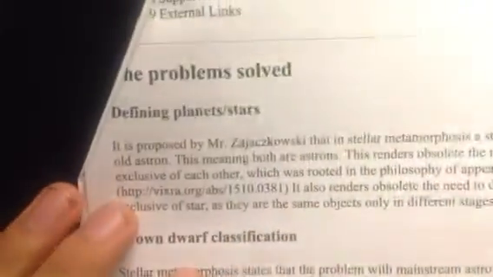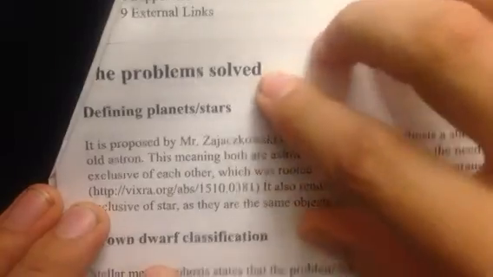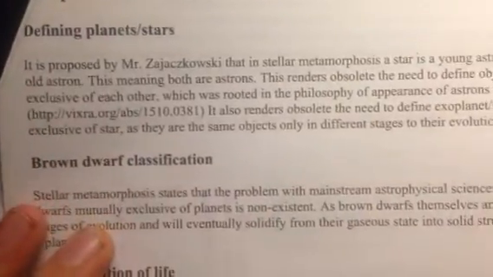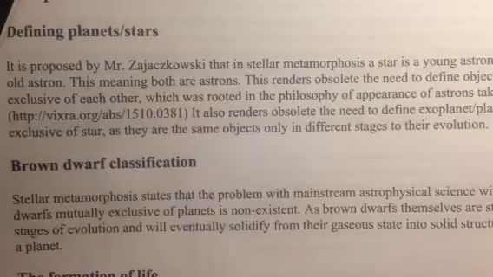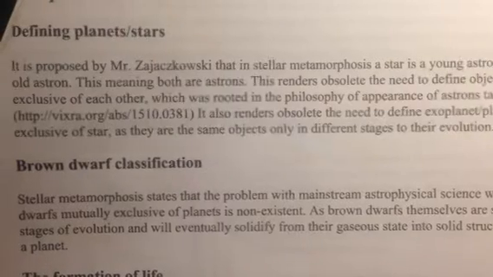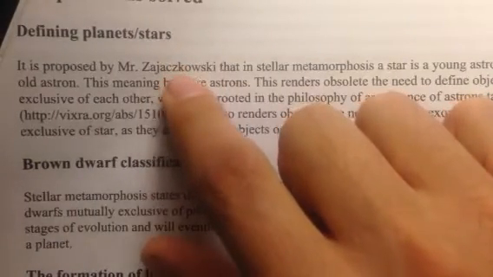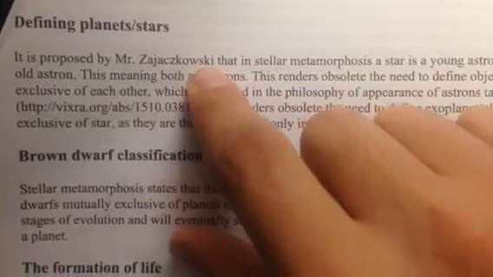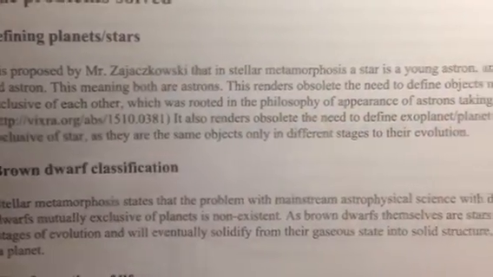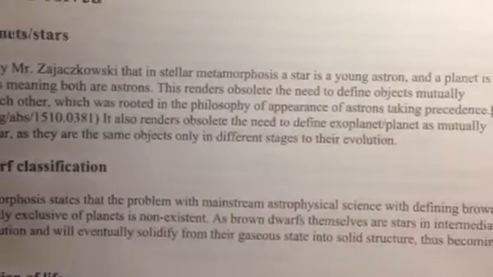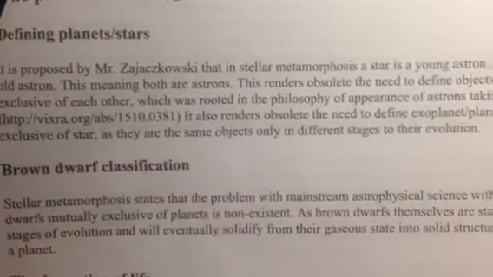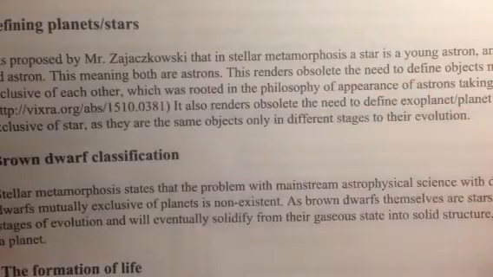Right here I have the problem solved. It is proposed by Mr. Zachikowski, I think that's how you pronounce it, that in stellar metamorphosis, a star is a young astron, and a planet is an old astron. This meaning both are astrons.